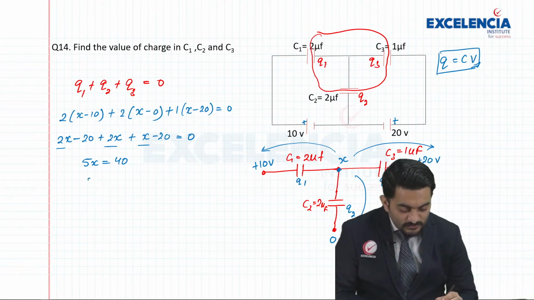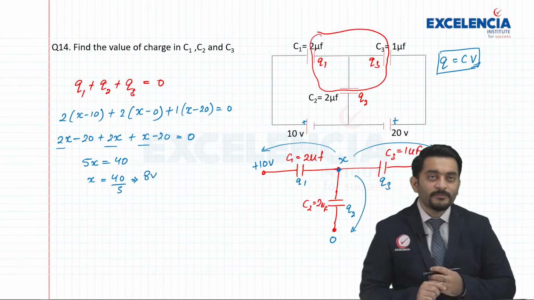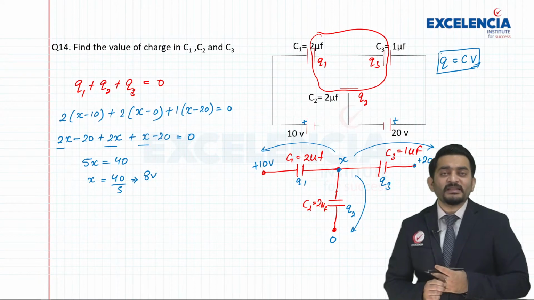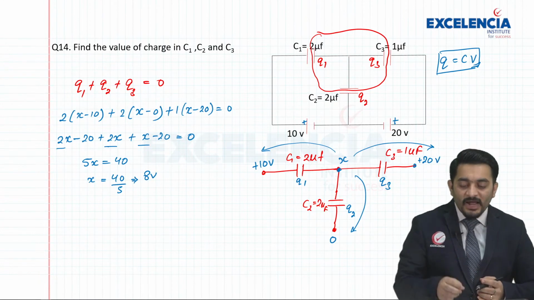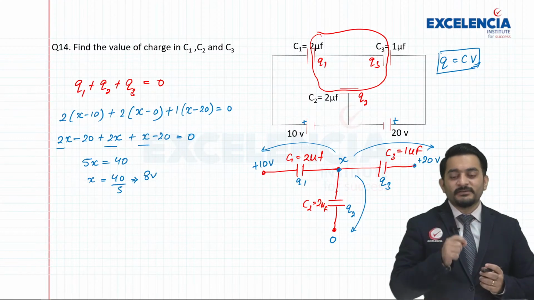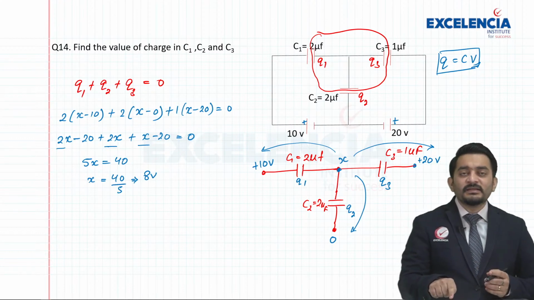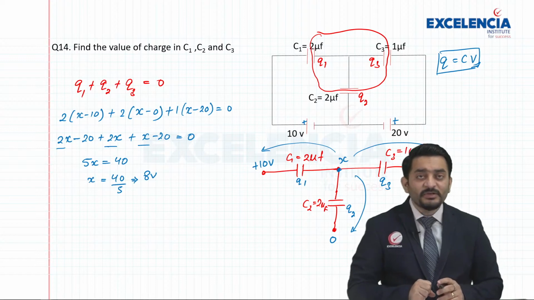I am able to see that x is 40 by 5, which is 8 volt. So by this particular method I am able to calculate the potential at point X. Once I get this, guys, I think my question is done, because my aim is to what?